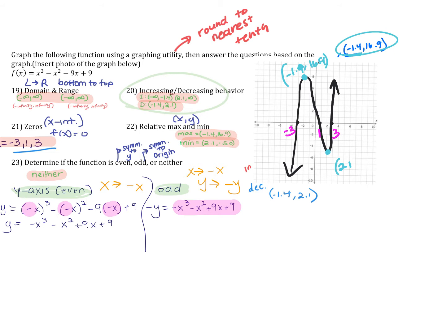And then whatever that is, 5.04. Then you can answer the rest of your questions because you need the max and min to know when the increasing and decreasing is happening. Obviously, you need your x-intercepts to know where your zeros are. Does that make sense? Yeah. For everybody else, including Casey? Yeah? Okay.